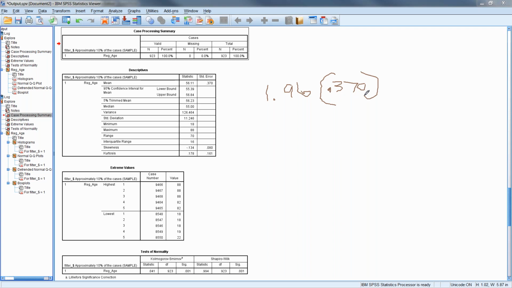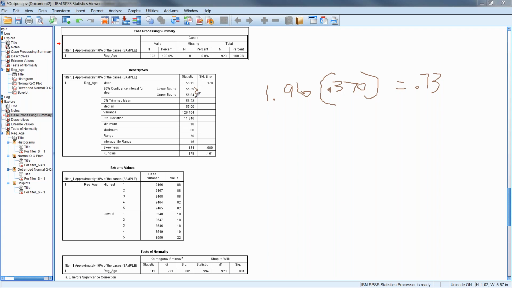So let me go ahead and do that. 1.96 times 0.370 gives me 0.73. And now I'm going to add this 0.73 to the 56.11 and subtract it from the 56.11, and that will give me this 95% confidence interval that's right here.